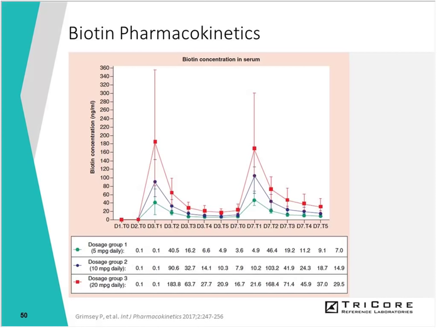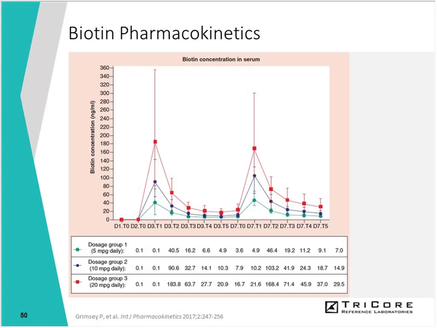So essentially we're showing that they took high doses of biotin, and peak concentrations were achieved 1 hour later, and then 8 hours later concentrations had fallen quite low, or less than 30 nanograms per mil.